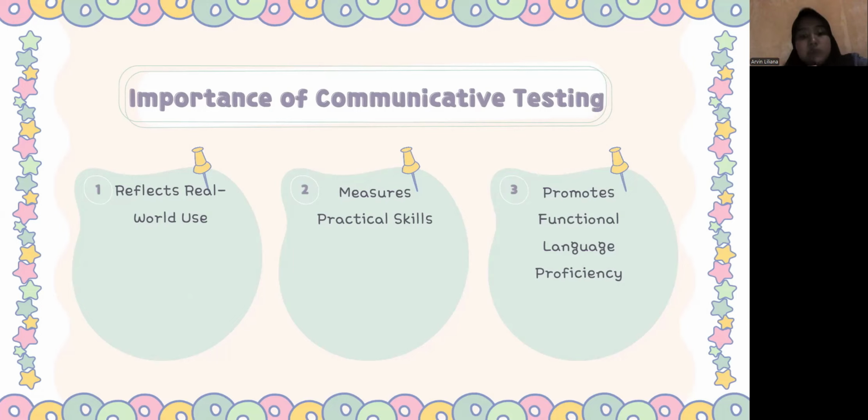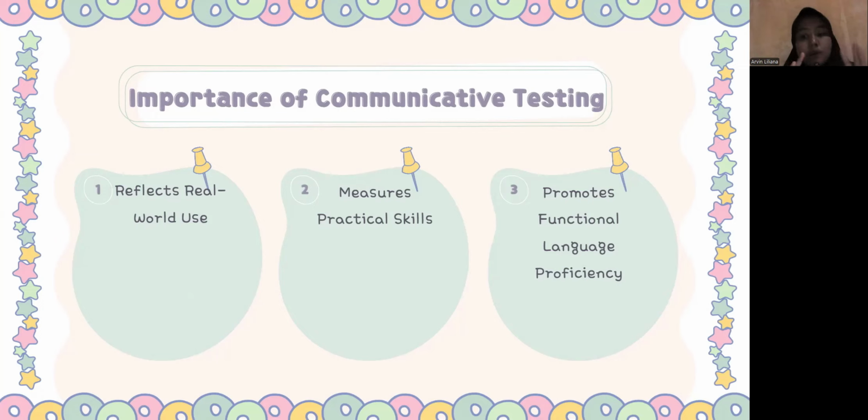The second is measuring practical skills. Communicative tests emphasize relevant skills such as speaking, listening, writing, and reading within meaningful contexts. This helps assess whether students can truly communicate in the target language rather than just understanding the theory or rules.